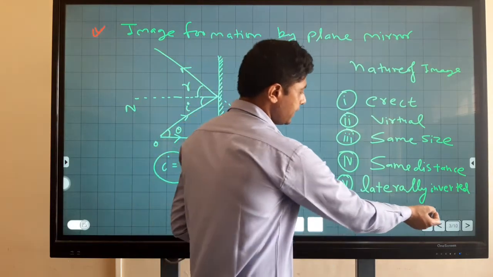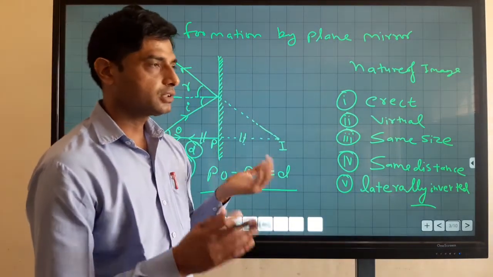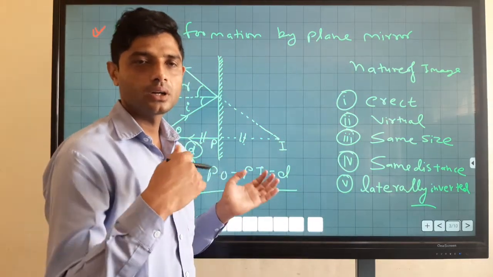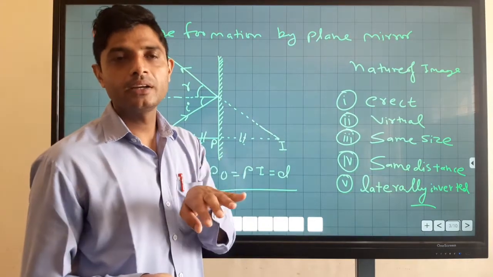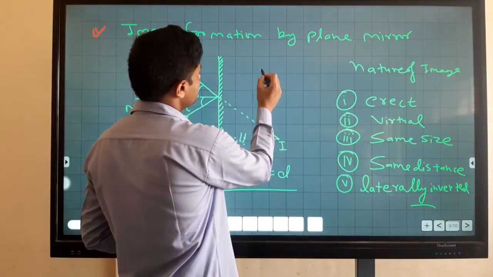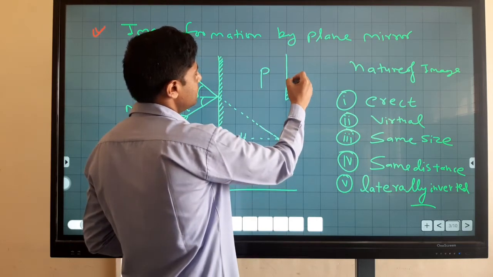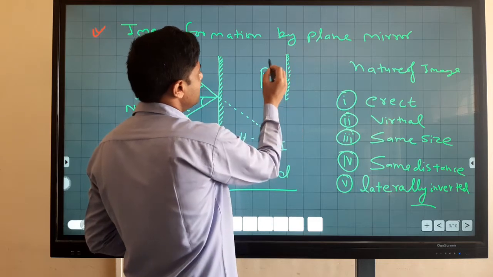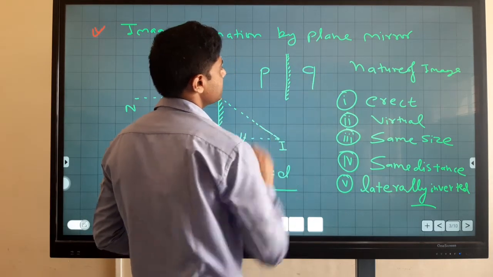And laterally inverted. Laterally inverted means the sides of the image are interchanged. It means left comes in place of right and right comes in place of left. Like this, if it is P, then the image of P looks like this.